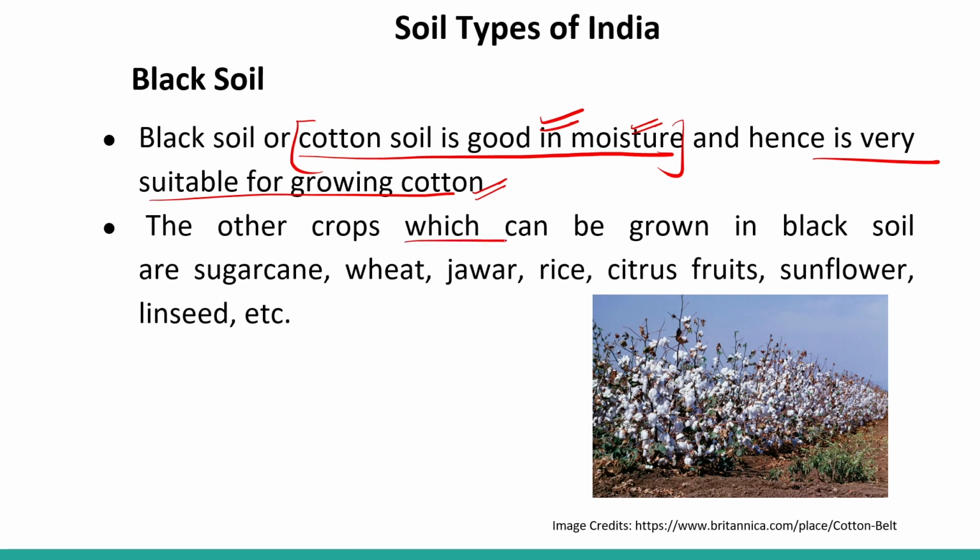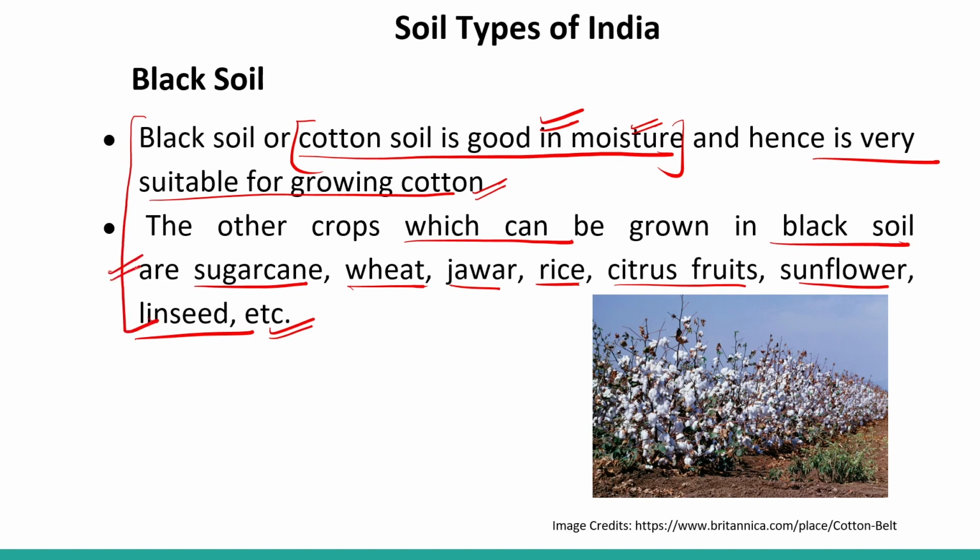The other crops which can be grown in black soil are sugarcane, wheat, jowar, rice, citrus fruits, sunflower and linseed, right? So this is the description of the types of crops grown in black soil. Again, it is called cotton soil because this soil is best for growing cotton. Why?